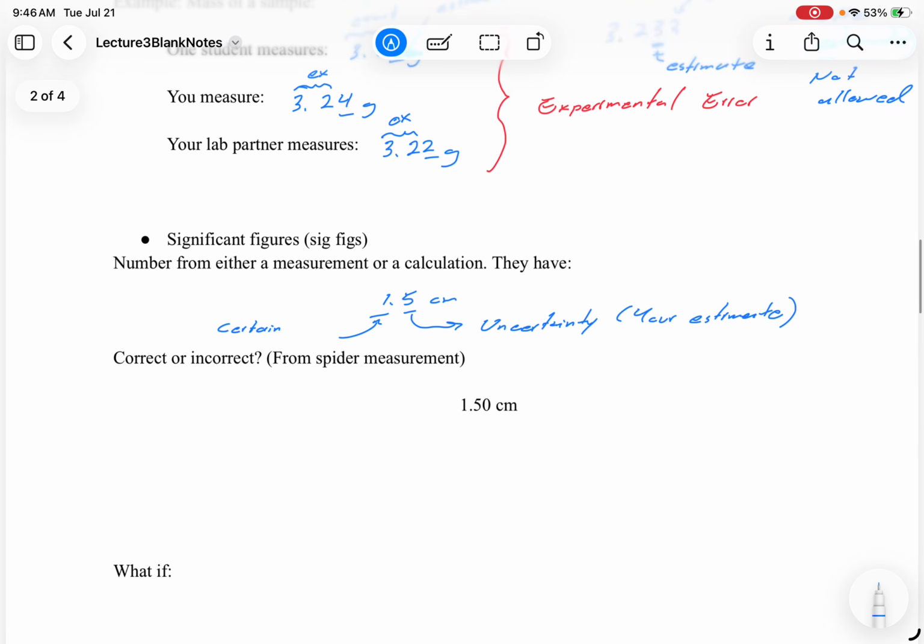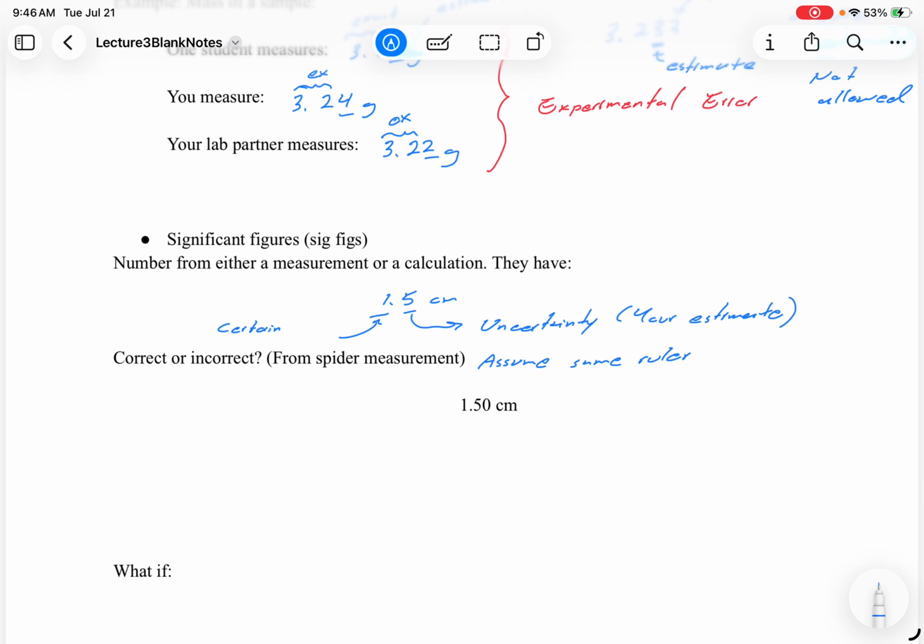So, assuming we go back to the whole spider measurement, and assuming you have the same ruler. If you measure 1.50 centimeters, if you say, oh, it is 1.50 centimeters using the exact same ruler, using the exact same spider, is that correct or incorrect?